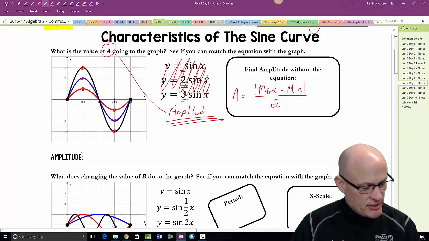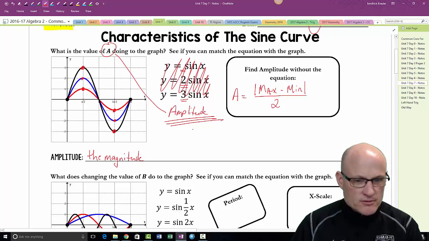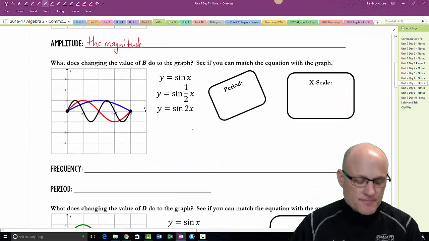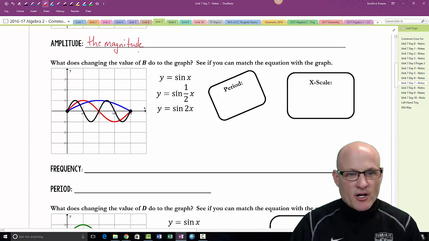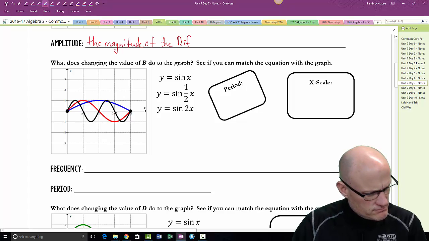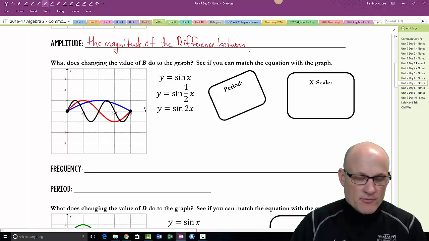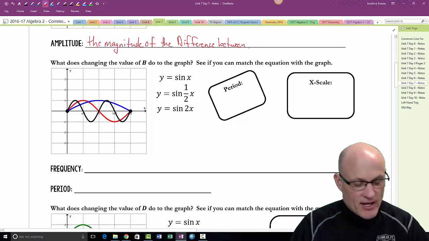The magnitude or the difference between the extreme values.